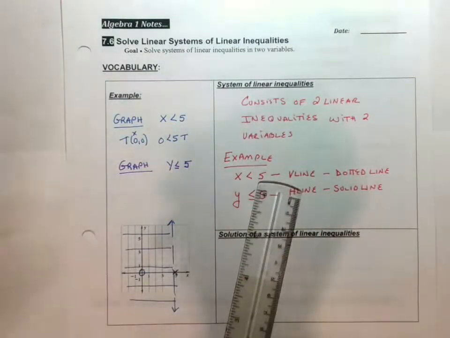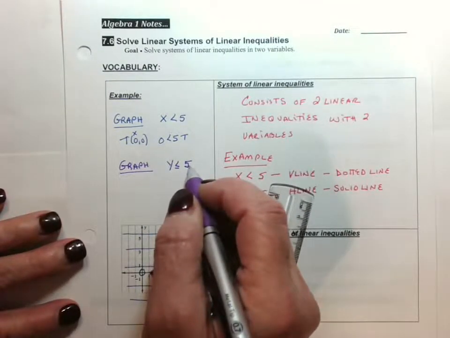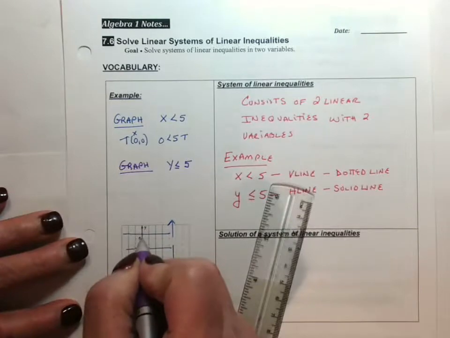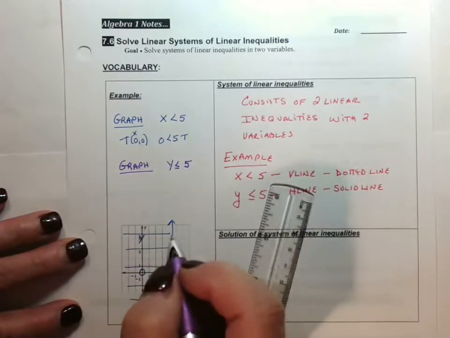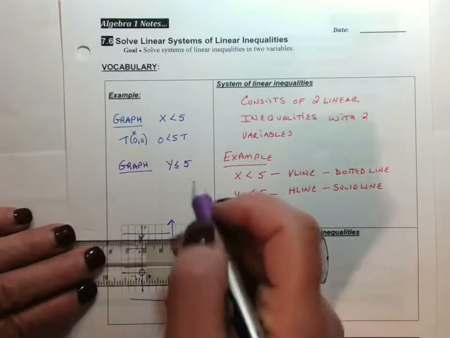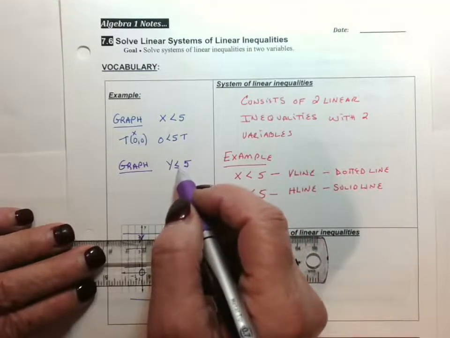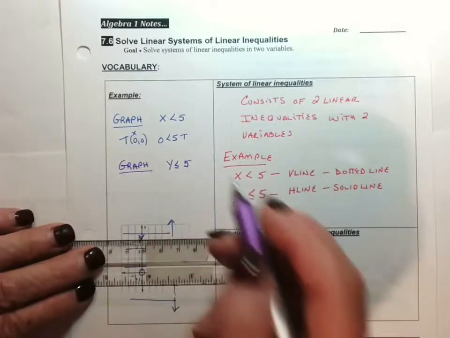So now we want to graph y is less than or equal to 5. The y-intercept's at 5. This is going to be a horizontal line. And you ask yourself, will it be solid or dotted? It's going to be solid because there's an equal.